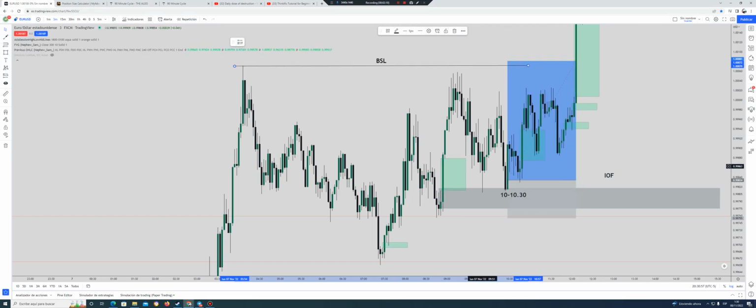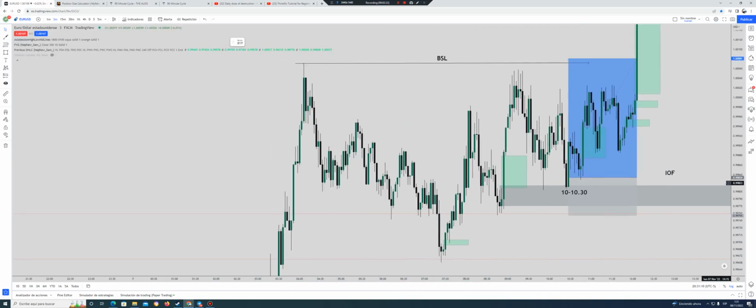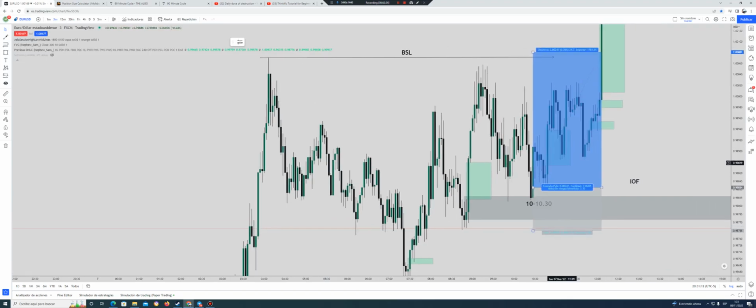We got 10 here, 10 is here, it was gone. But remember, I like to wait 30 minutes to have information on what price is doing. If you check this, we have this fair value gap, and between 9:50 and 10, just look how the price respected that fair value gap.